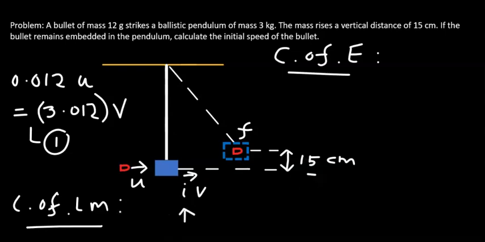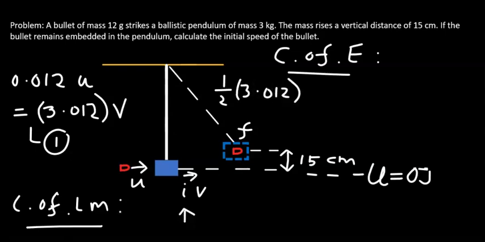Now we shall take the potential energy at that level to be 0 joule. So the kinetic energy at the initial state is half times the total mass, 3.012, the mass of that pendulum plus the bullet, times v squared, the v which we don't know.